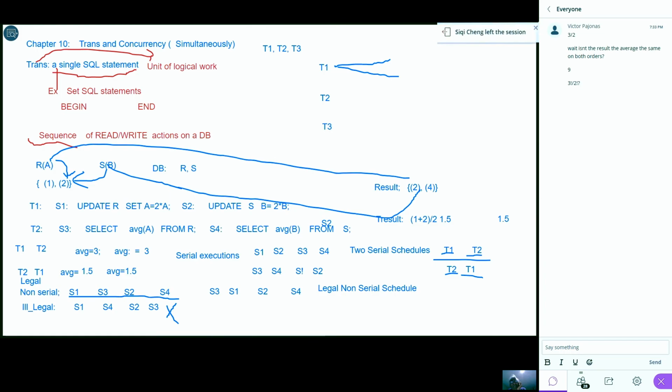So if you have 2 and 3 here, either T1, T2, T3, or T1, T3, T2.